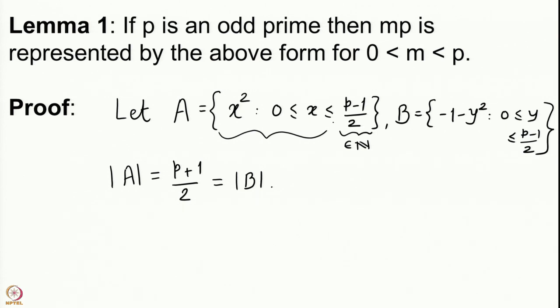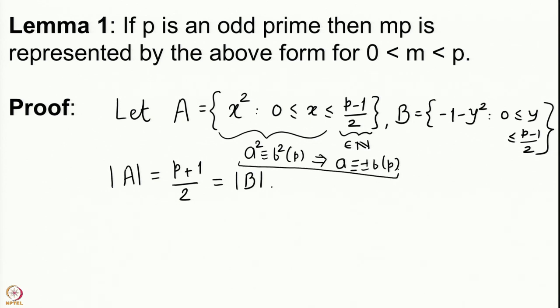So, that tells you that the cardinality of the set A is (p plus 1)/2, and similarly the cardinality of B, because what we have used here is that a square congruent to b square mod p implies a equal to plus or minus b mod p.